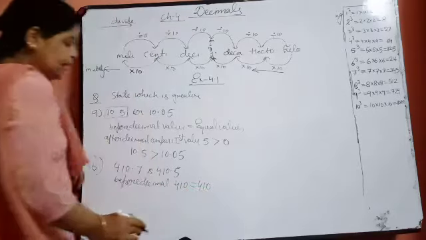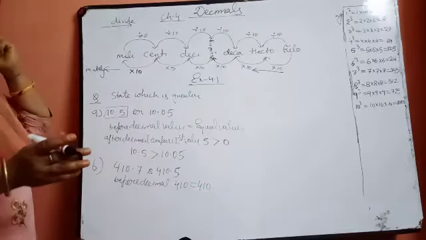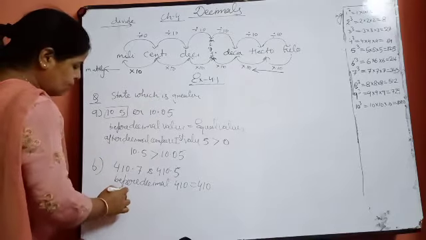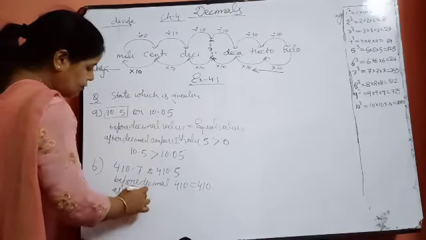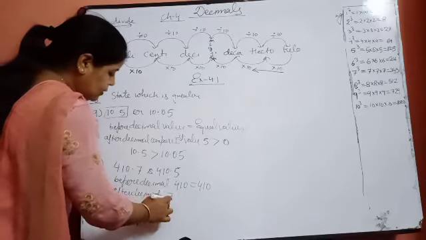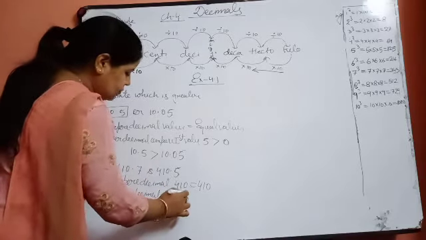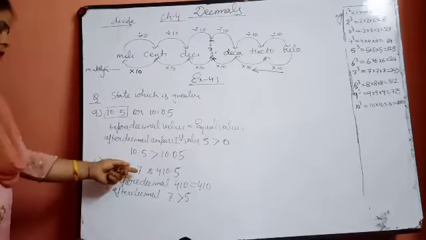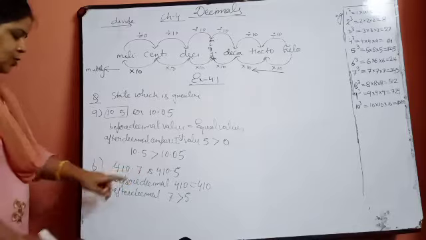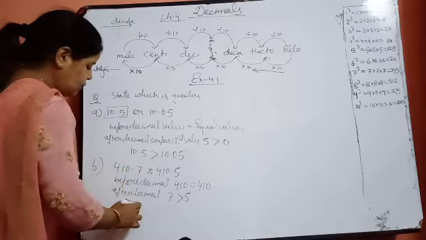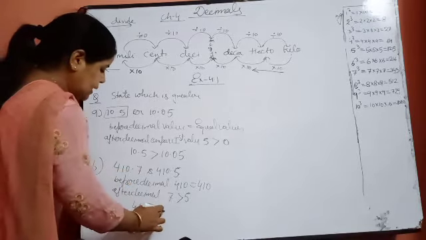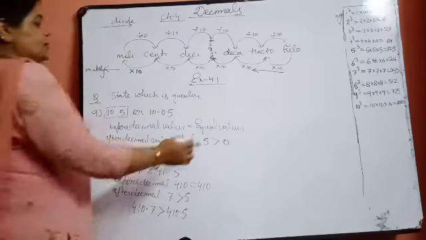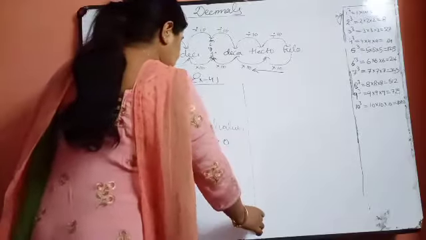So we can't take any decision from before decimal values. So move further after that. After decimal what you have? 7 in the first one and 5 in the second one. You can see that 7 is greater than 5. So 410.7 is greater than 410.5.